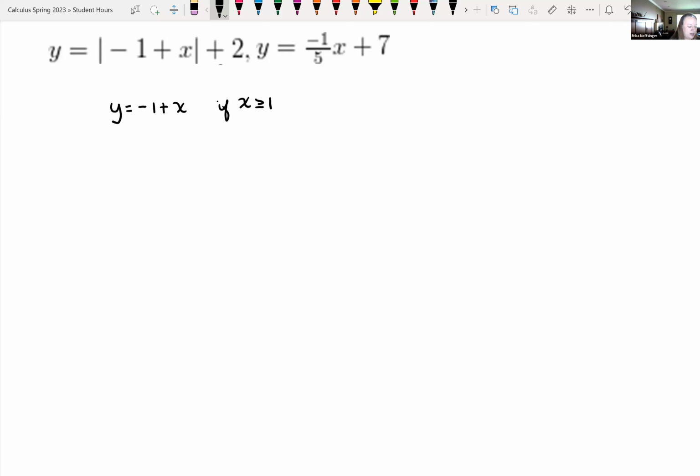And then we get the equation if we plug in a negative in front. So it's the negative of what's inside the absolute value, negative 1 plus x, if x is less than 1. So we would still be including the +2 afterwards. Thank you. Yes, we will be including that +2 after.